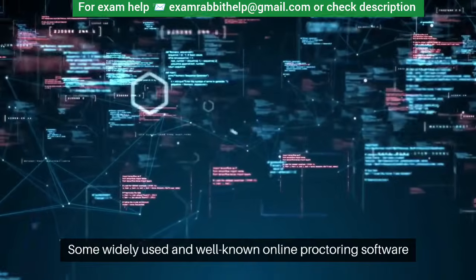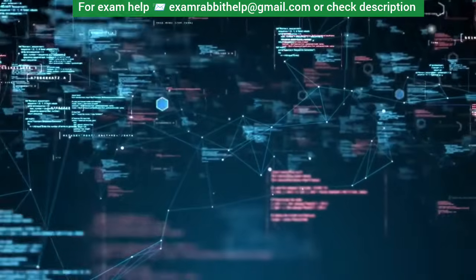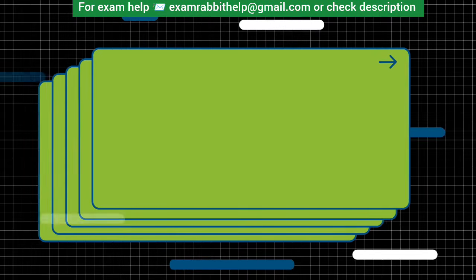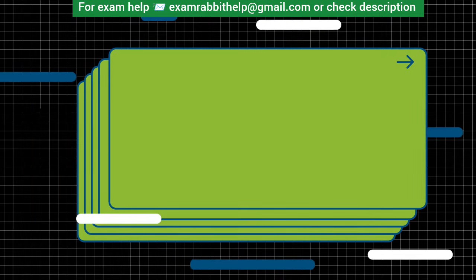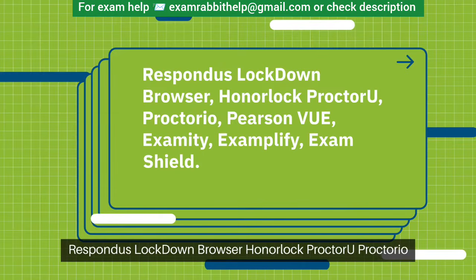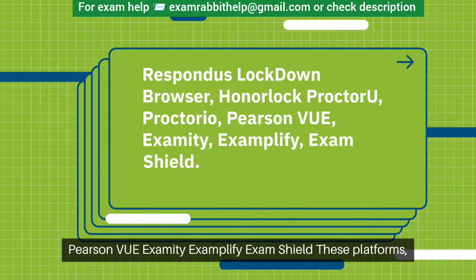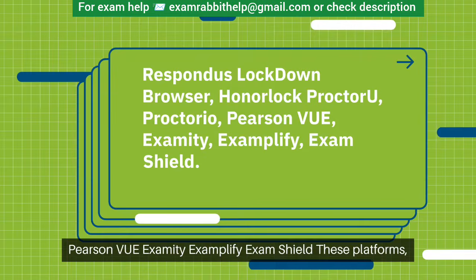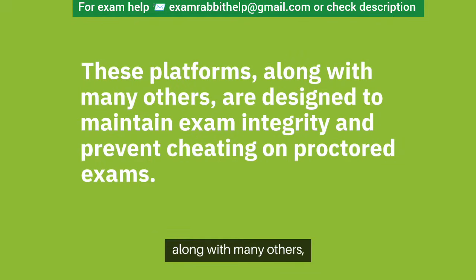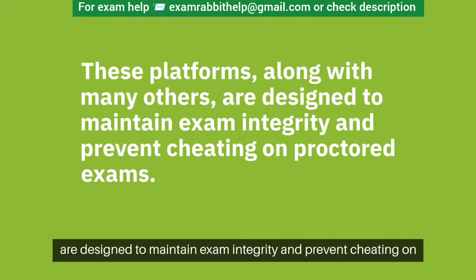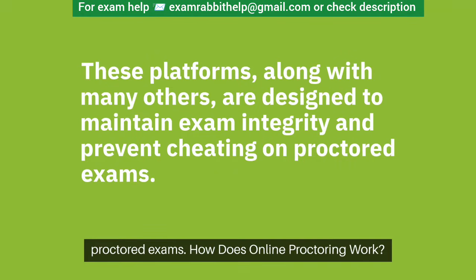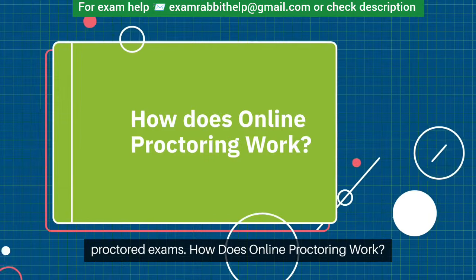Some widely used and well-known online proctoring software include Respondus LockDown Browser, Honorlock, ProctorU, Proctorio, Pearson VUE, Examity, ExamSoft, and Exam Shield. These platforms, along with many others, are designed to maintain exam integrity and prevent cheating on proctored exams.